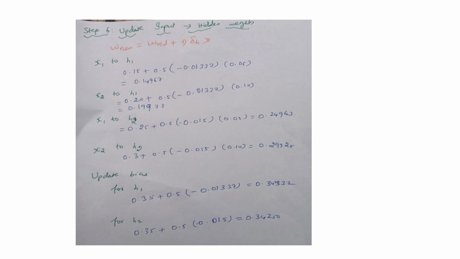X2 to H2, the old weight is 0.3, updated to 0.29925. In the same way, the biases are also updated. Earlier the biases were 0.35 and 0.35. After updating, the new bias is 0.34332, and for hidden layer 2, the bias is 0.34250.